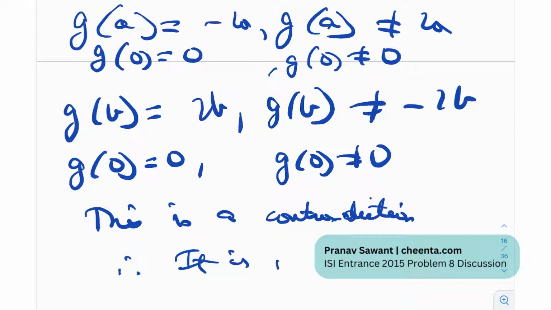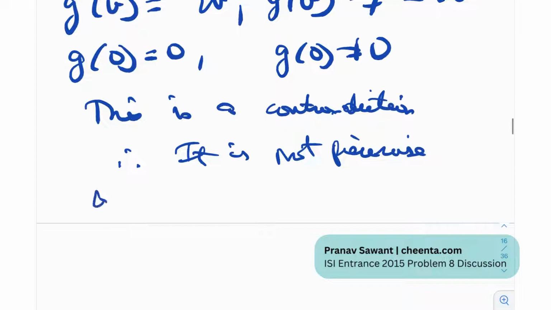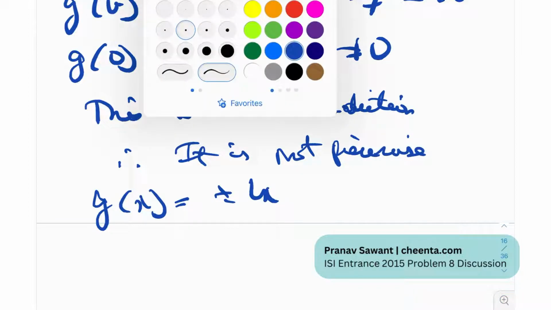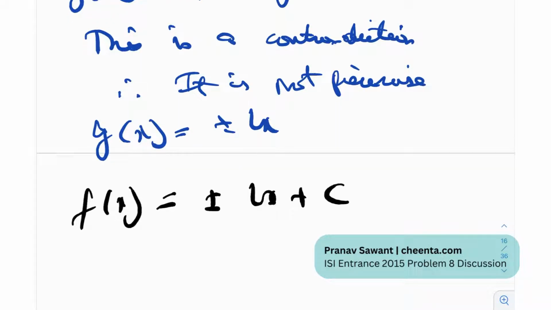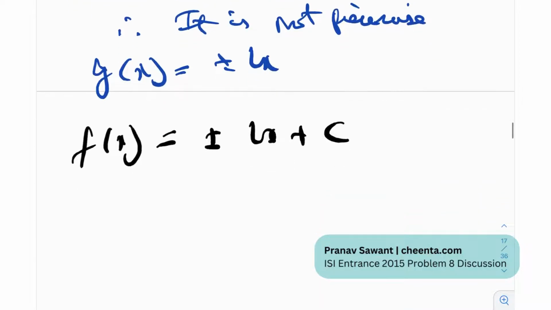G is not piecewise. Right? So essentially, g of x equals plus or minus 2x for all x. That's essentially what we had intended to prove. And yes, from that we derived the value of f of x, which we had to find, which is plus or minus 2x plus c. Okay, great.